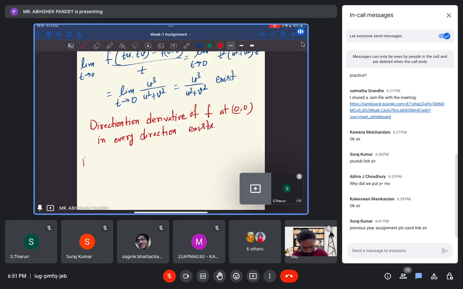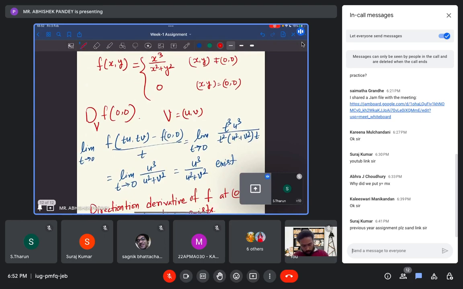Okay, remark, this we will see later because this is the content of the next video. F is not differentiable at 0 comma 0. Okay, so this gives an example of a function whose directional derivative at 0 comma 0 exists in every direction, but that function is not differentiable at 0 comma 0. Okay, so this is for the directional derivative.